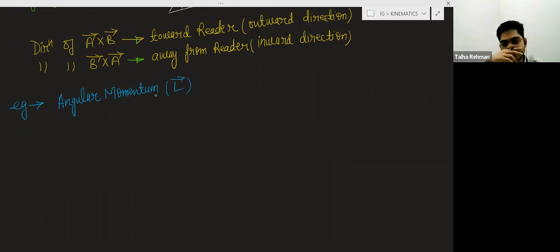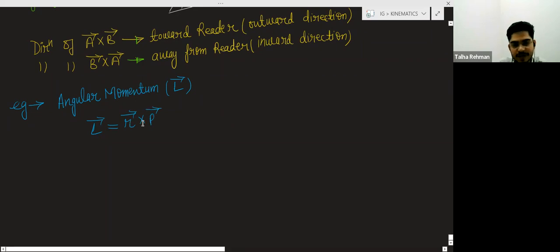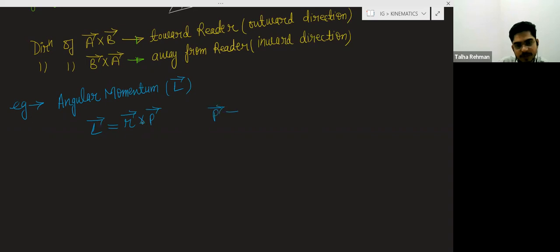Basically, angular momentum is an axial vector. Angular momentum is the cross product of the position vector and the momentum vector. What is the p vector? P vector means the momentum vector. Do you know what momentum is?